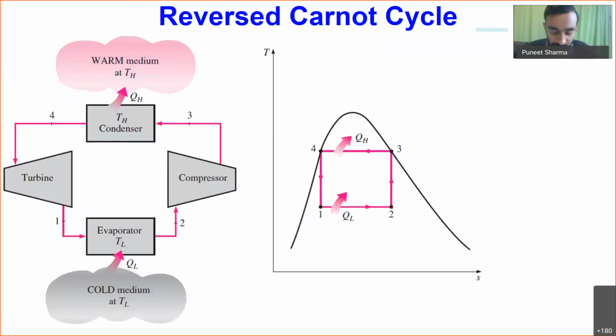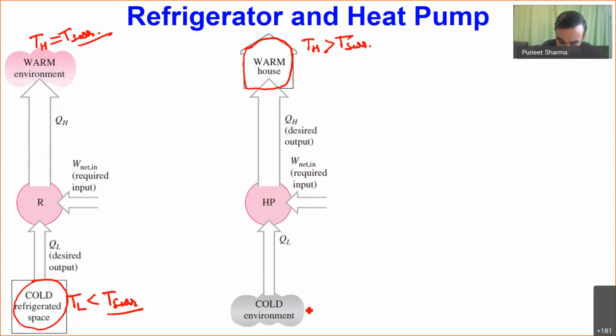We take heat from a cold environment at temperature TL, which is equal to the surrounding temperature. Here also we transfer heat from low temperature to high temperature, so we require a certain amount of work input.